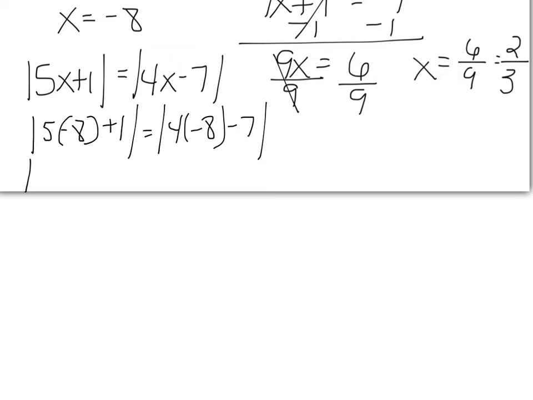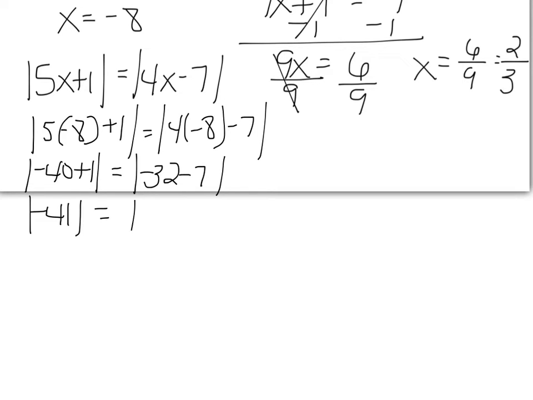Absolute value of 5 times negative 8 is negative 40 plus 1 is equal to the absolute value of negative 32 minus 7. So this is the absolute value of negative 41 is equal to the absolute value of negative, what is that, 39?